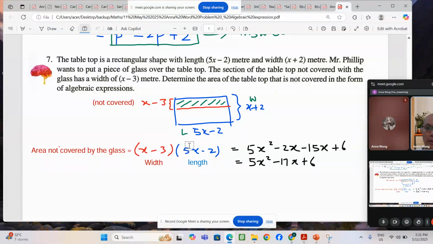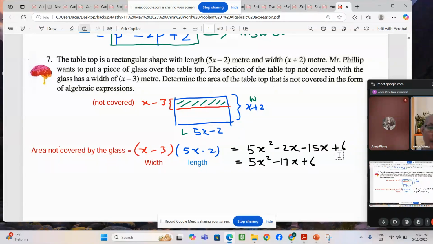x times 5x is 5x squared, x times negative 2 is negative 2x, negative 3 times 5x is negative 15x, and then negative 3 times negative 2 is plus 6.